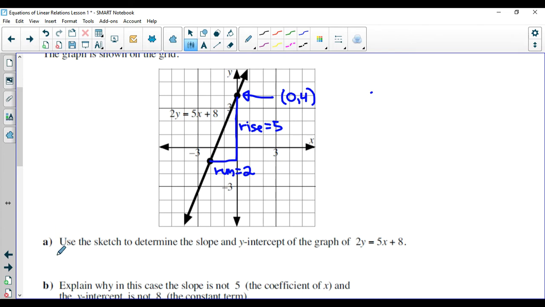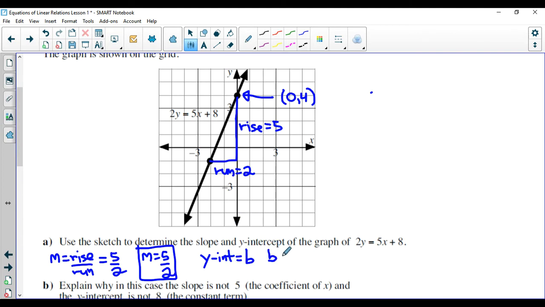Okay, so your slope, which is m, would be equal to rise over run, which would be equal to the rise, which is 5, divided by the run, which is 2. So your slope m is equal to 5 over 2. And your y-intercept, which we use the variable b to represent, has a value of 4.